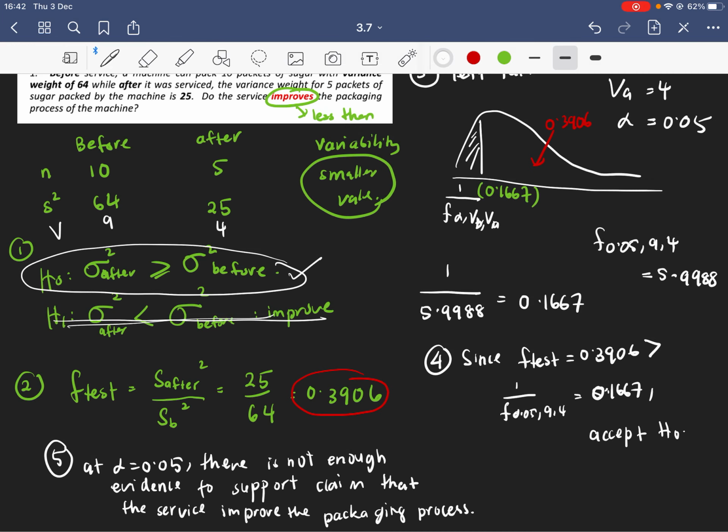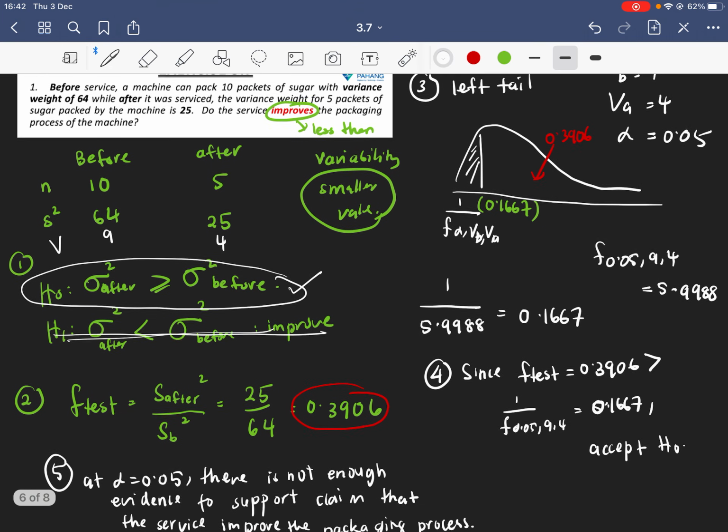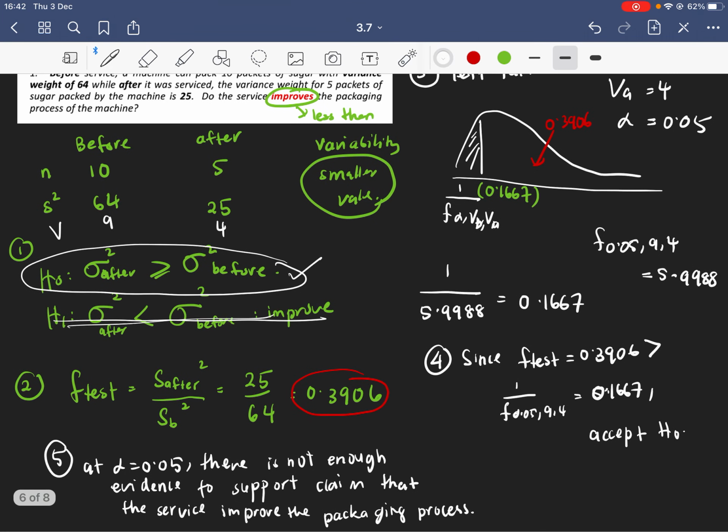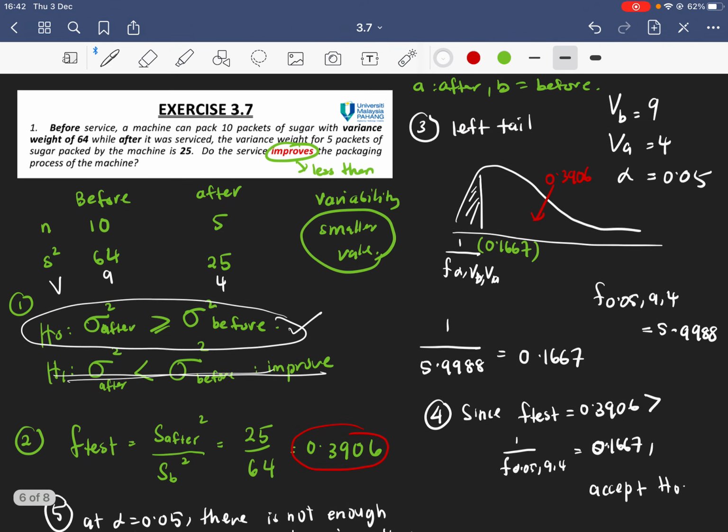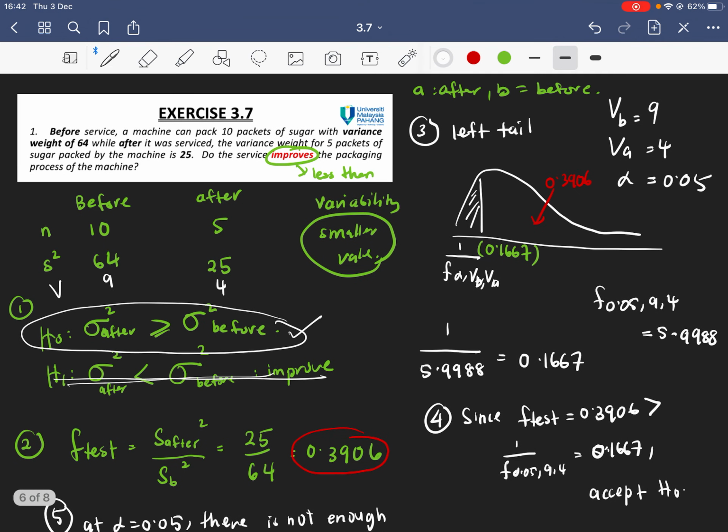Okay. So actually the service does not improve the packaging processes.